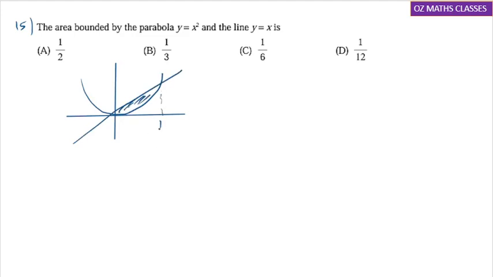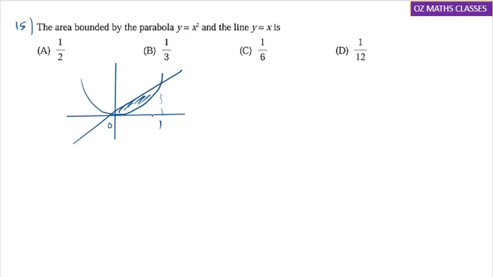If you solve this, you will get x equal to 1. Now here we need the x coordinate. Again we have to find the area between the two regions. If you are taking the limit as x coordinate, then you have to take the upper curve, y upper curve minus y lower curve.